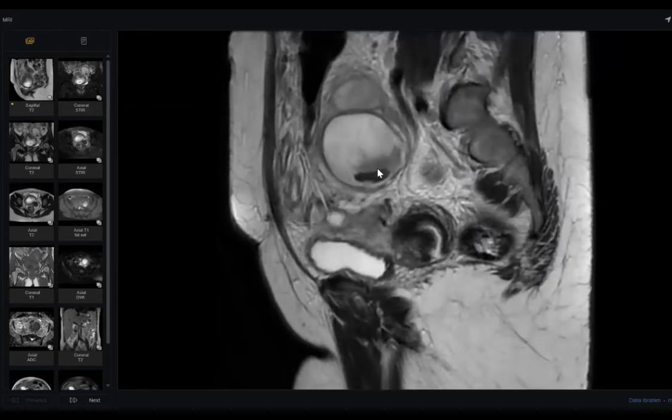Look, very dark here. And this is not fluid completely like this. There is some shading. So this is endometrioma. Okay. So finally, it is infected endometrioma.